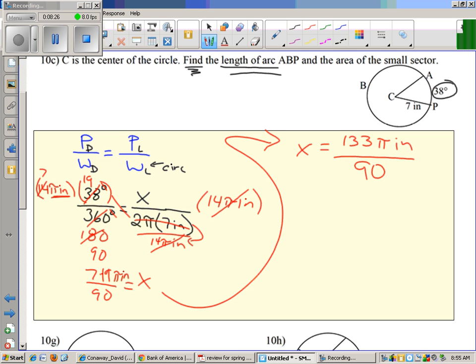At this point, you could plug it in and find decimals, but what would it be? Can somebody put that in their calculator? What is 133 pi over 90? Any calculator?